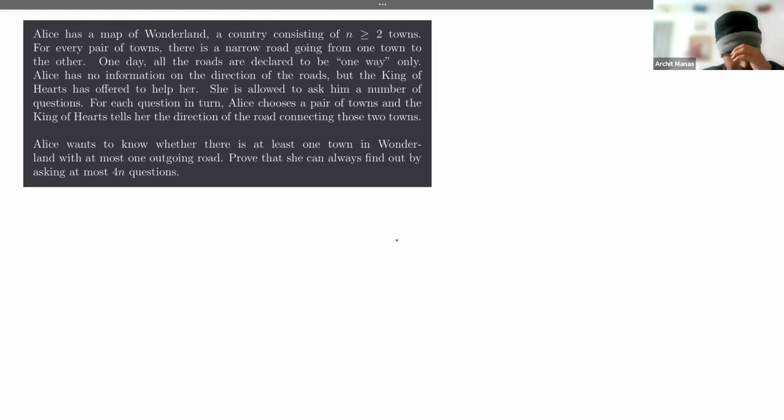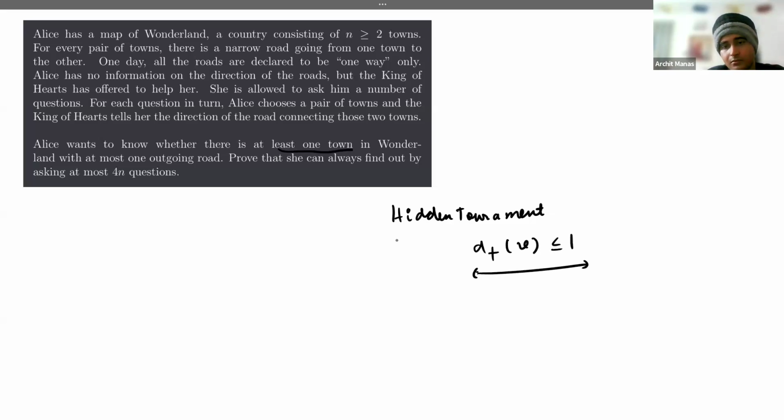Okay. So the problem basically is telling you that there is a hidden tournament, and you as a player have to figure out if there is at least one town or one vertex in this tournament that satisfies d plus of v at most 1. You want to know if this is the case.